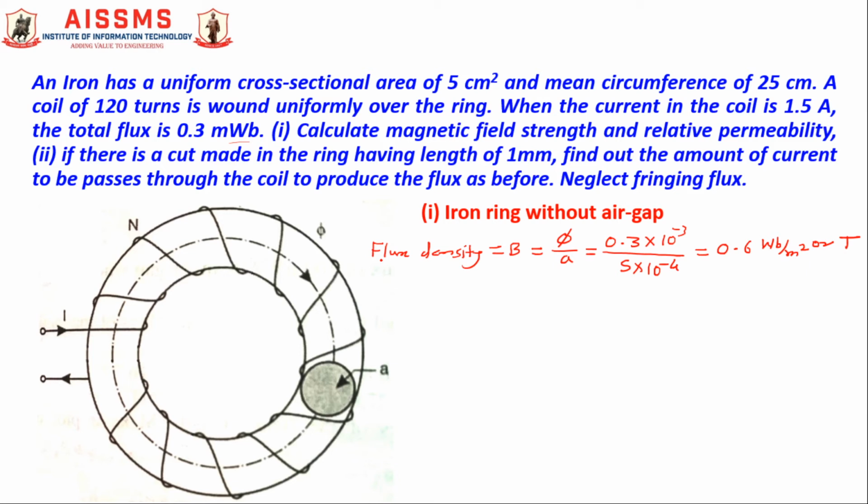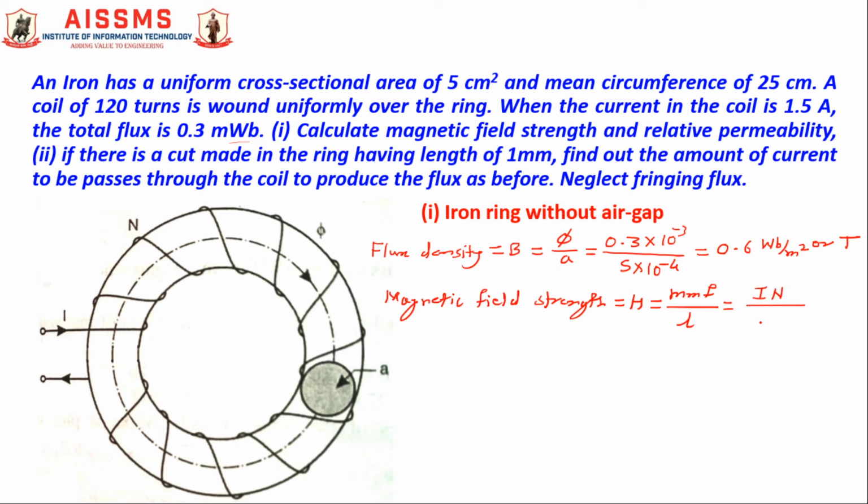Now let us find out magnetic field strength, capital H. It is equal to mmf divided by length. mmf is nothing but I into N, divided by length.